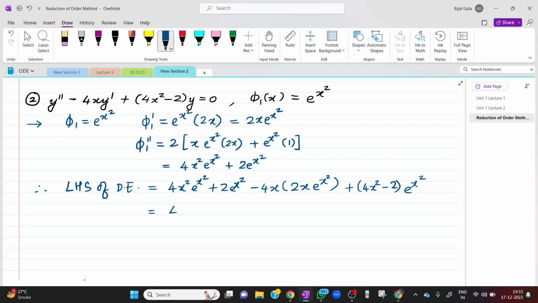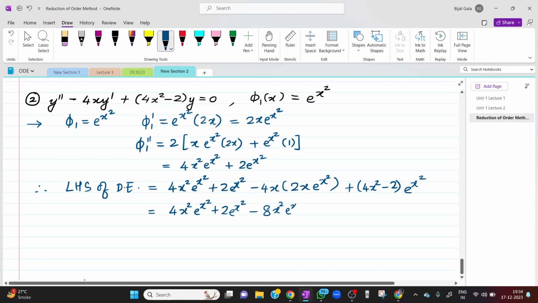Let's open the brackets. This term as it is, this term as it is. This is negative 8x square e raised to x square. This is plus 4x square e raised to x square and negative 2 e raised to x square.